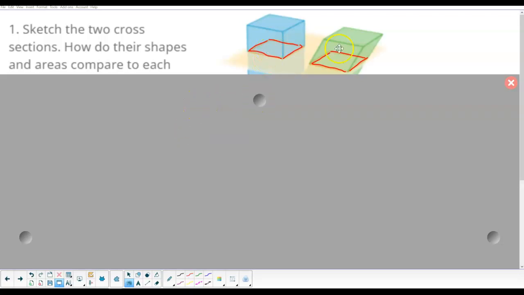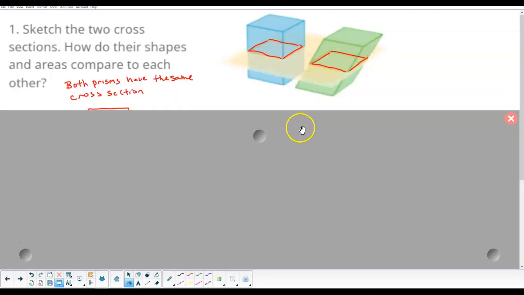For number 1, we're going to look at the cross sections. Think of this: if these are both stacks of note cards, and one of them is stacked perpendicularly, straight up and down, and the other one is just tipped over slightly, and I pull a flat piece out, a cross section, picture it just being one note card that has 0 width, it would still be a note card.